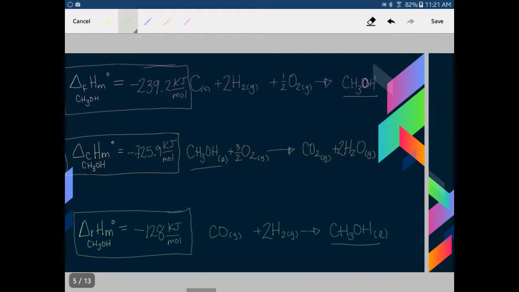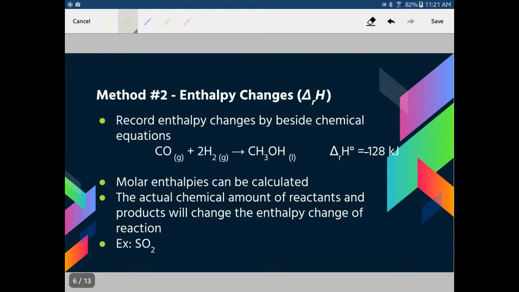Method number 2 is recording enthalpy changes beside a chemical equation. For this example, we can look at carbon monoxide plus 2 hydrogen gas. This is the example from the previous slide, that it forms methanol. Now again, we can just notate this as the enthalpy of reaction being negative 128 kilojoules.